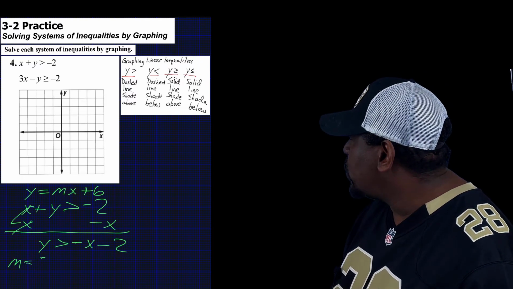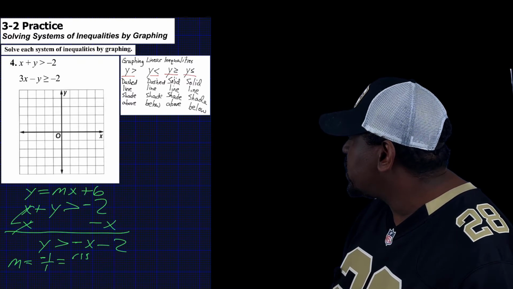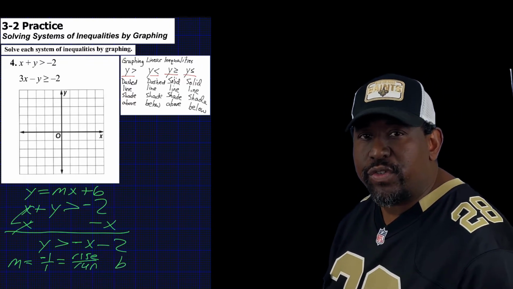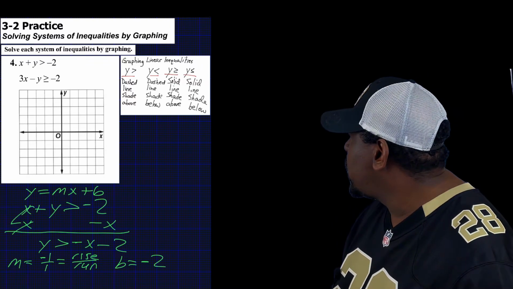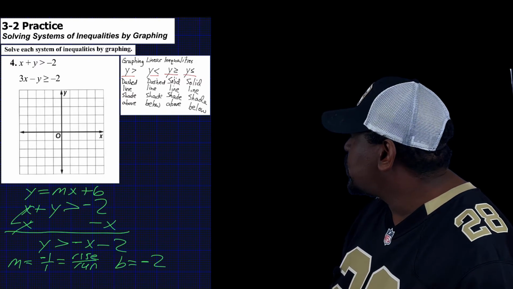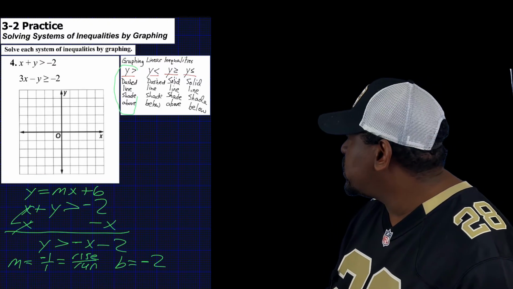We're now able to pull out our slope, which is -1/1. We want to set that equal to rise over run, because that's the formula we use to generate points for our slope. And our y-intercept, b, is -2. So at this point, we're now ready to graph our first equation.